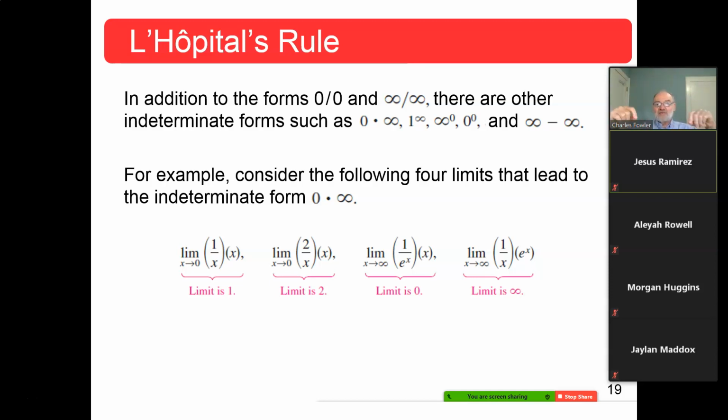The limit as x is going to infinity of 1 over e to the x. So e to the x is going infinitely large, and as x is going to infinity, that's really going to infinity. So that's 1 over infinity, which is 0. And then x going to infinity, of course, is going to infinity. Well, what would that tell you about x over e to the x?